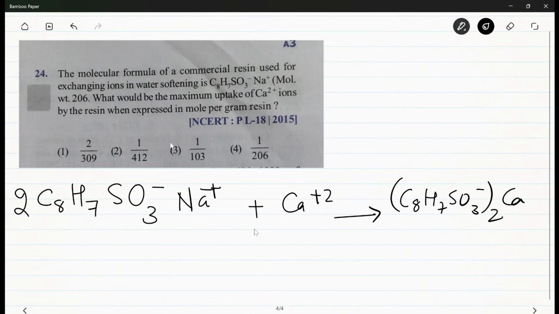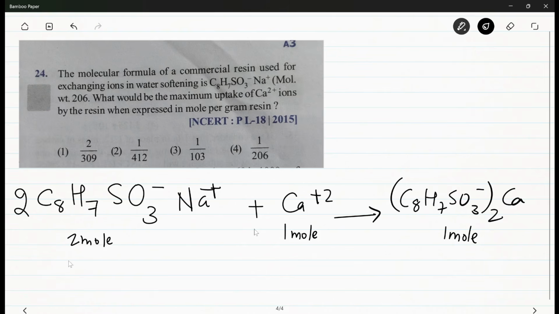Okay. So now we will apply the mole concept. 2 moles of the resin react with 1 mole of calcium ion to give rise to 1 mole of product. Understood? So now what would be the maximum uptake of Ca2+ ion by the resin when expressed in mole per gram of resin?